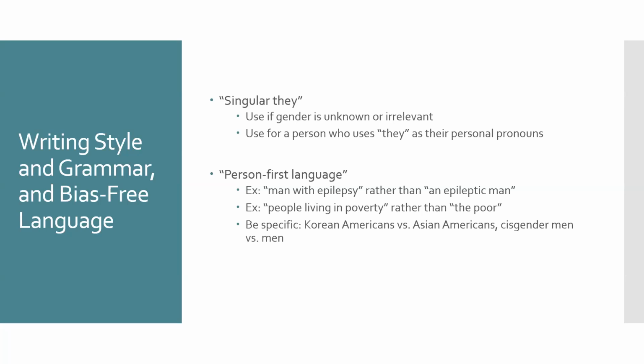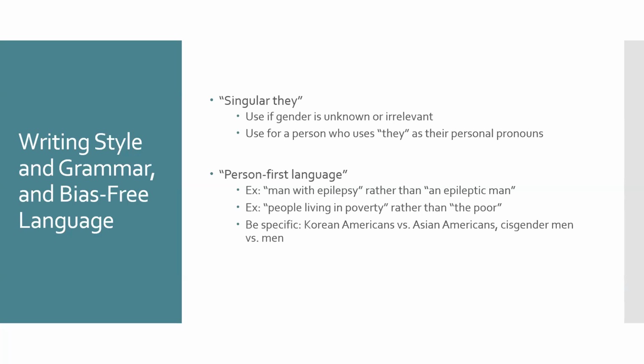So you're going to say something along the lines of a man with epilepsy rather than an epileptic man. That's because we want to put their personhood before their condition, in this case epilepsy, which is a disability. And so if poor is the condition, then we don't want to talk about poor people. We want to talk about people living in poverty. We want to put their personhood first.